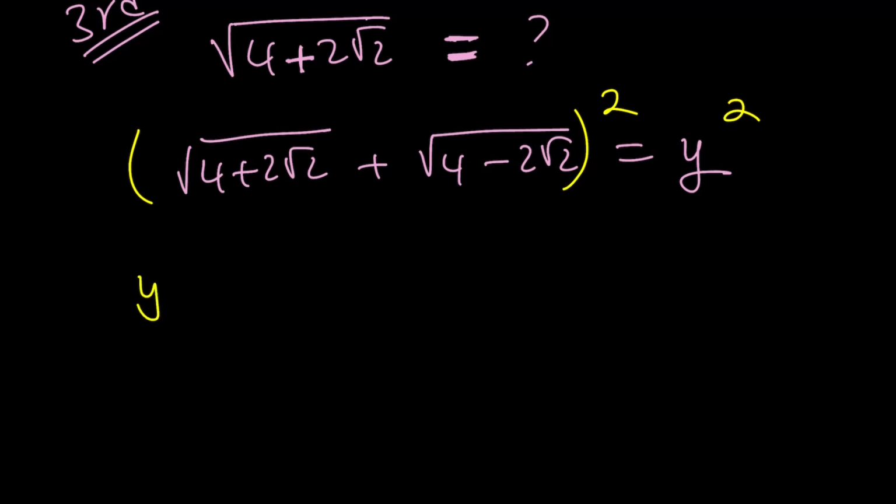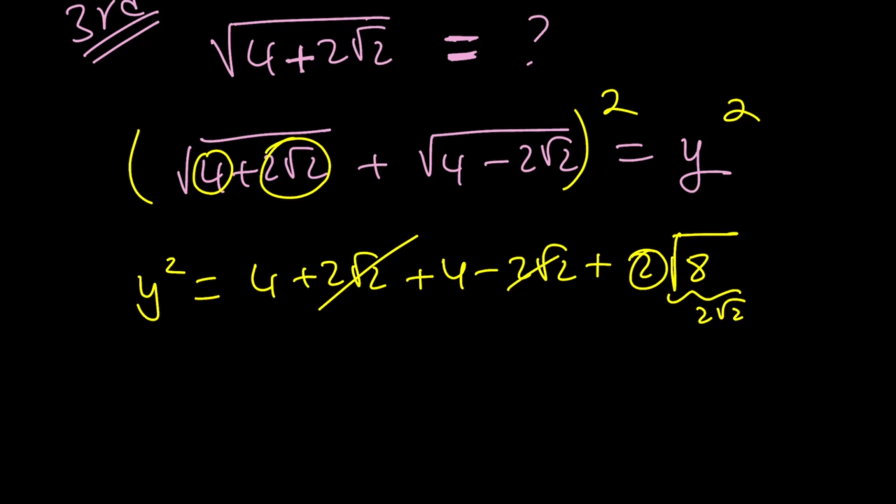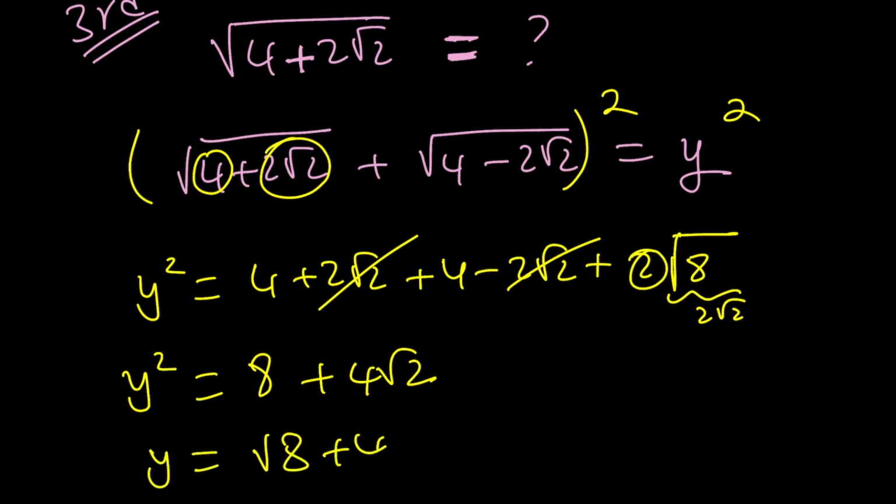From here we're going to get y squared equals 4 plus 2 root 2 plus 4 minus 2 root 2 plus 2 times the quantity 16 minus 8, right? That's an 8 by using difference of two squares. But that's 2 root 2 multiplied by that 2 is going to give you 4 root 2. So cancel these out. y squared is going to be 8 plus 4 root 2, which means y is going to be the square root of 8 plus 4 root 2.